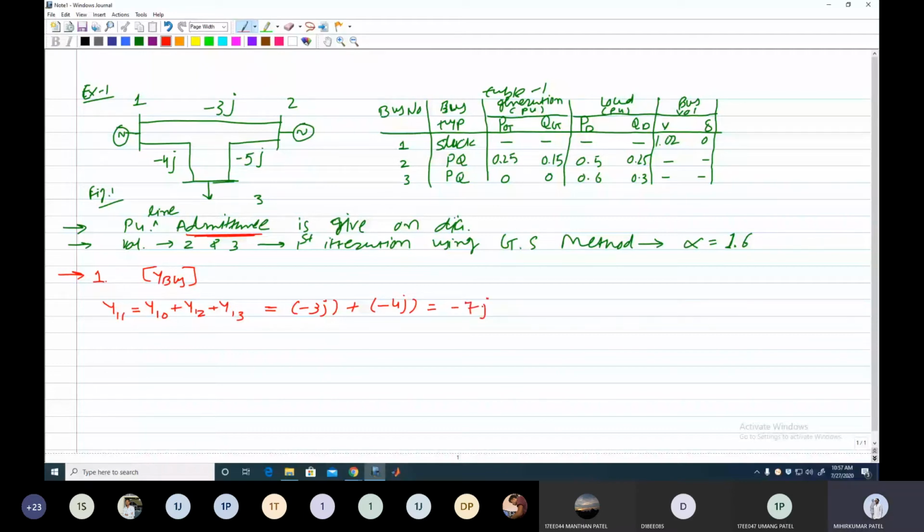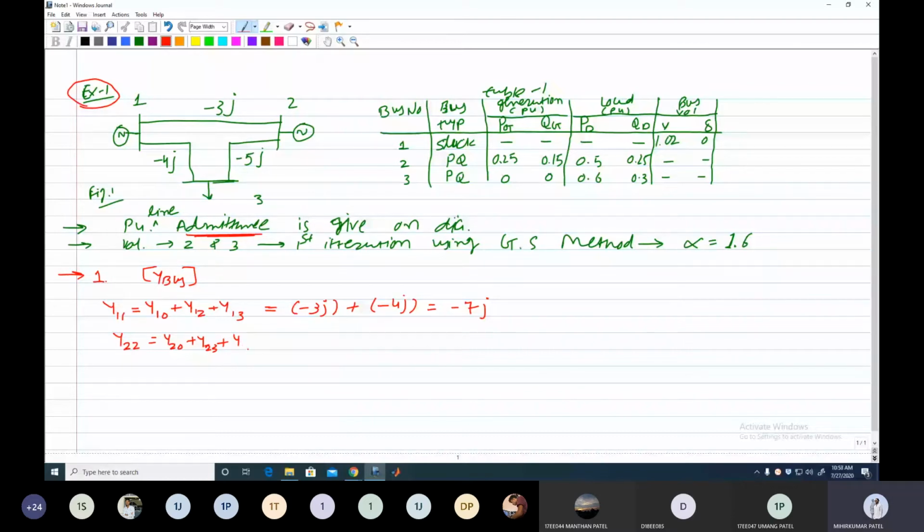Similarly, what is the value of Y22? Y20 plus Y23 plus Y21. No need to write the whole equation again and again, because for this example, if you waste your time writing the equation repeatedly, it will become lengthy and time consuming.